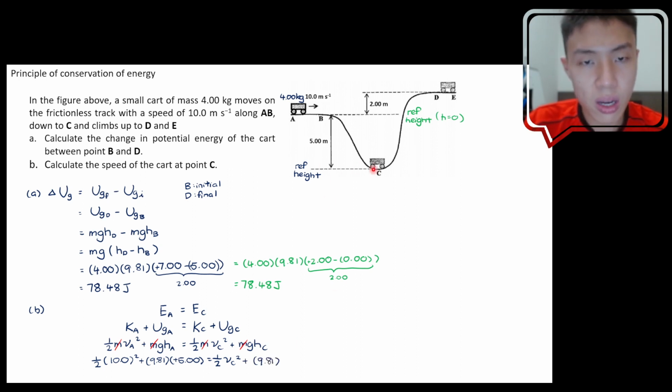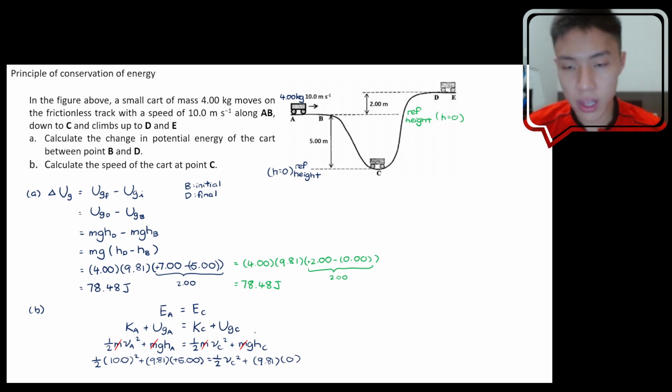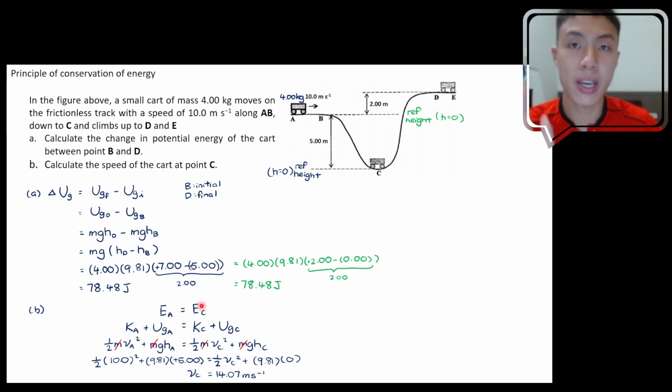We put our reference height as C. So if point C is at the reference height, the height over here should be equals to 0. If you do your substitution, you are left with only one unknown, which is v_C. If you calculate it, you get v_C to be equals to 14.07 meters per second.